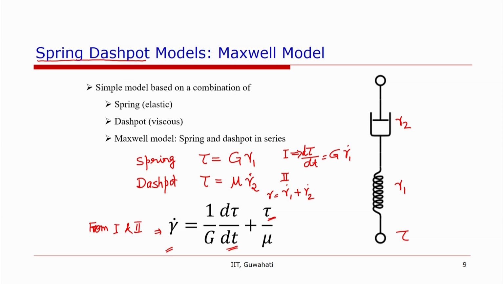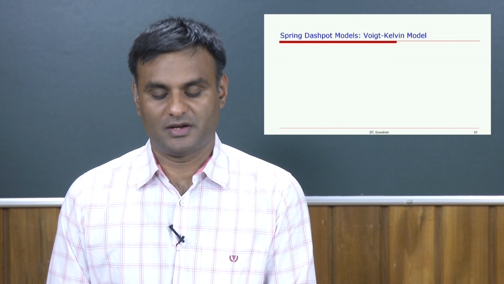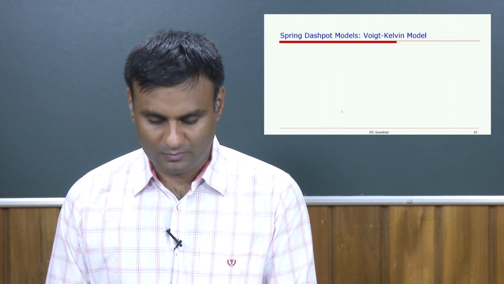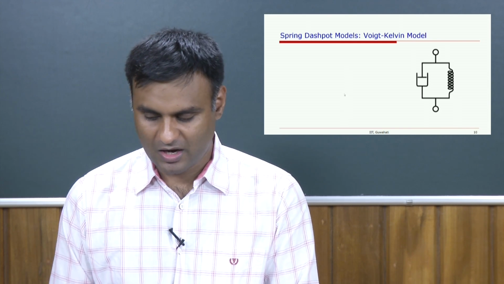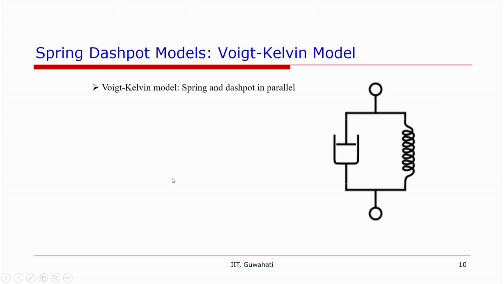Another combination which is frequently discussed, and which is a simple model, is a parallel combination of spring and dashpot. In such a case the deformation will be the same in both, whereas they will experience different stresses, let us say tau 1 and tau 2.